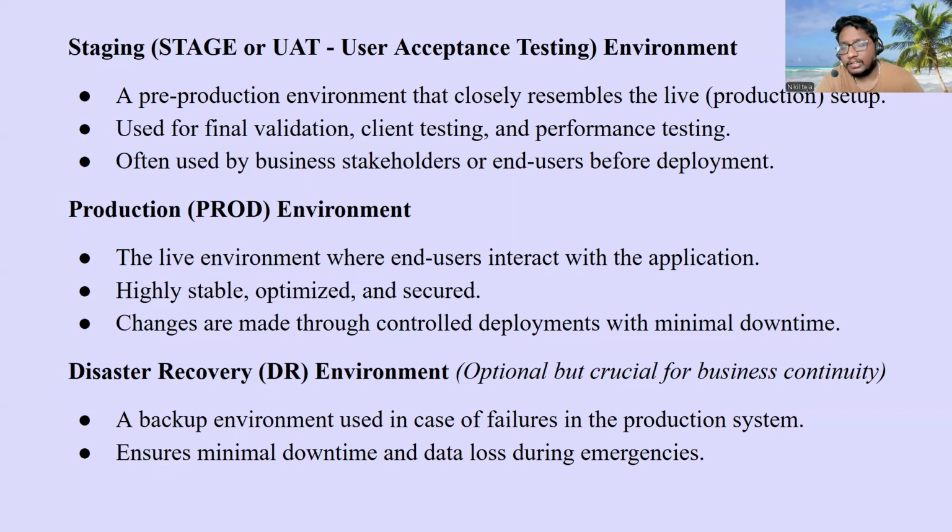So these are the types of environments we follow in the IT industry. Basically, the development environment, testing environment, and integration environment are called lower level environments, because they are focusing on low level functionalities.